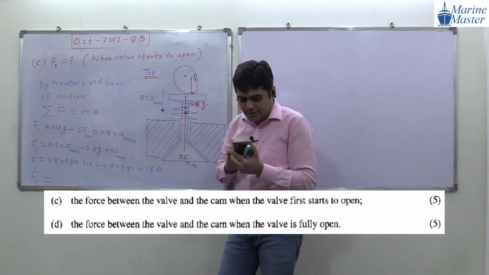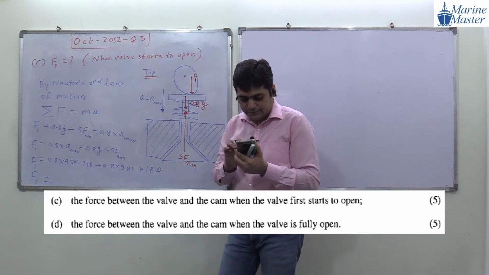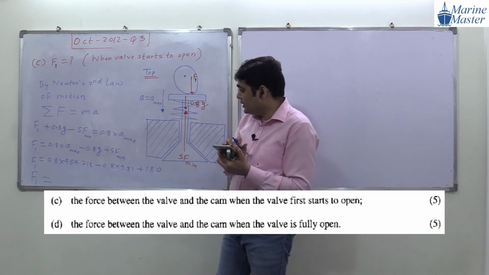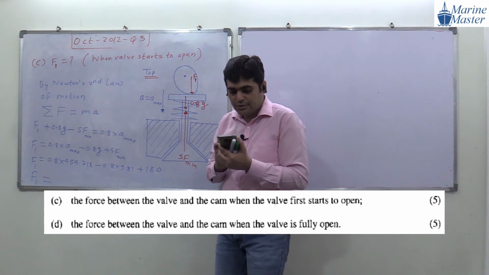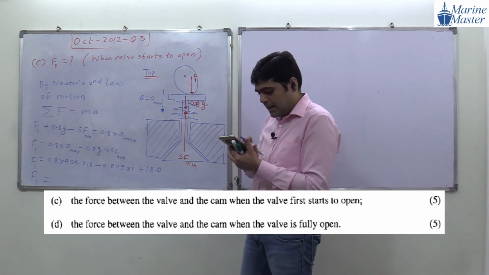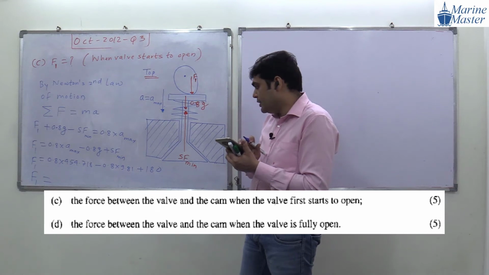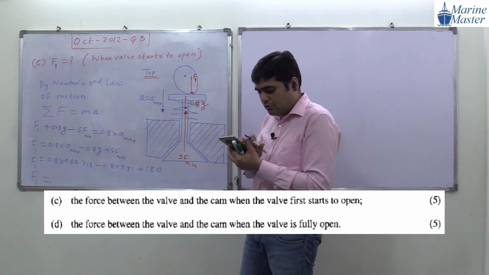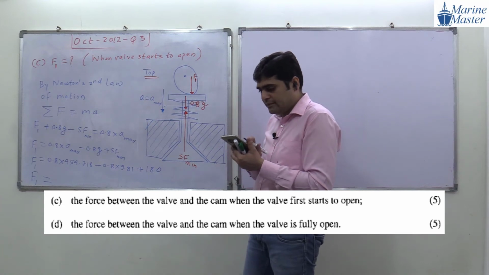Everyone please do the calculation with me. 0.8 into 454.718 minus 0.8 into 9.81 plus 180.